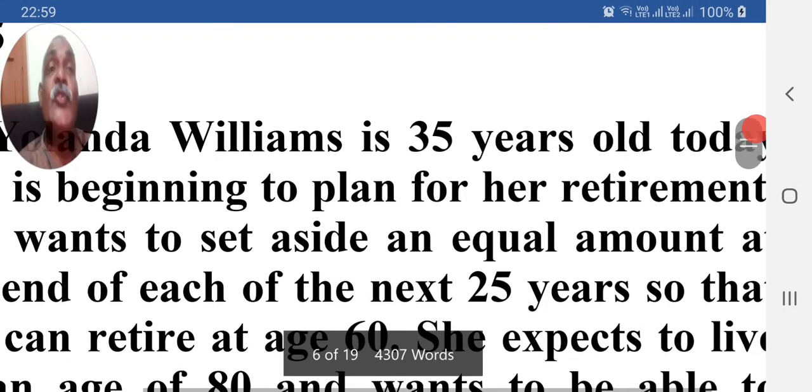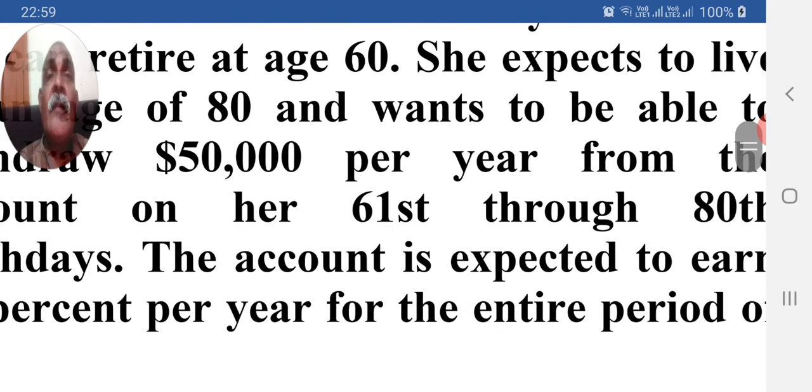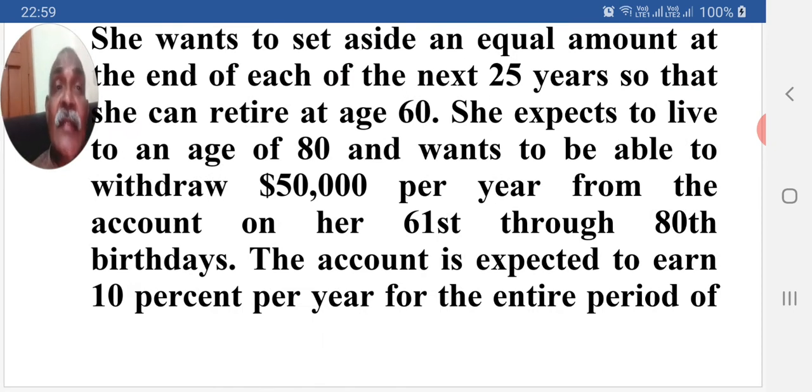So how much should you plan, at the expected rate of earning of 10%?